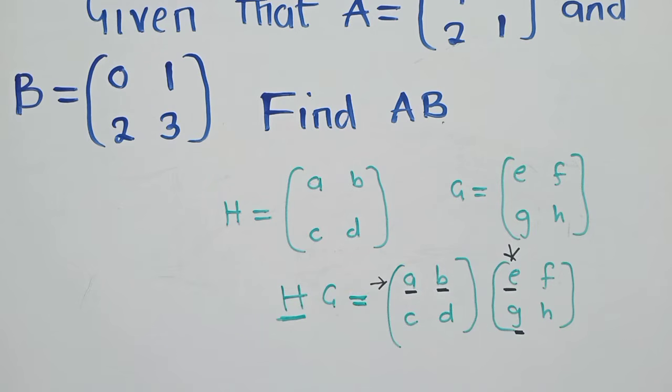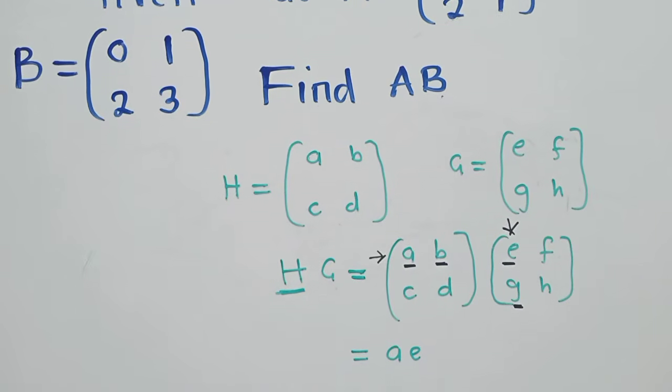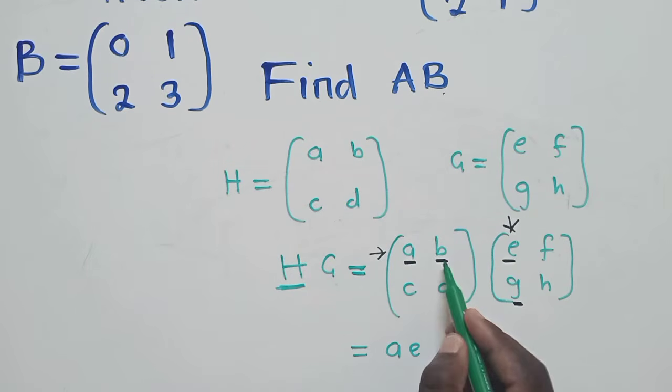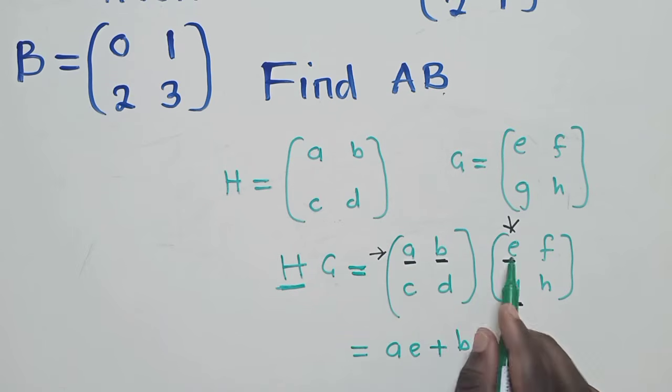So when we multiply here, it will give us A times E, it's AE. And here, we say plus B times G, it will be BG. So we're done with this and this.